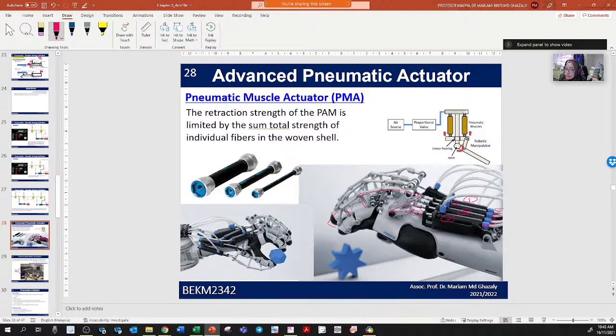Later in chapter 7, you will learn about mechanism. What is mechanism? Mechanism is a mechanical actuator. Under mechanical actuator, there are lots of types of mechanism. We have linkages. What you see here is linkages. And we can also look at different types of motion. Mechanism is basically converting motion.